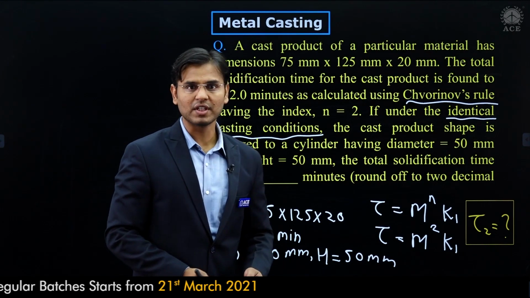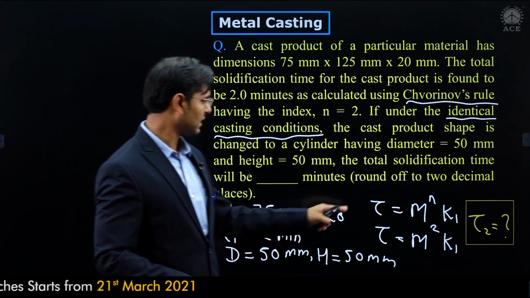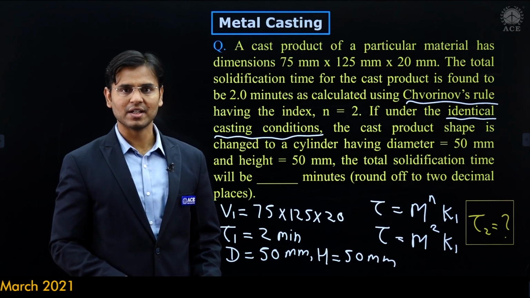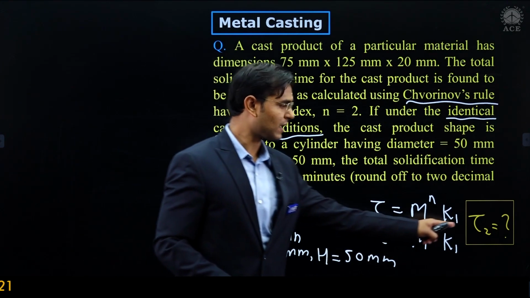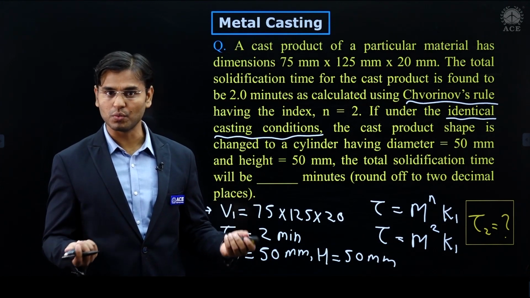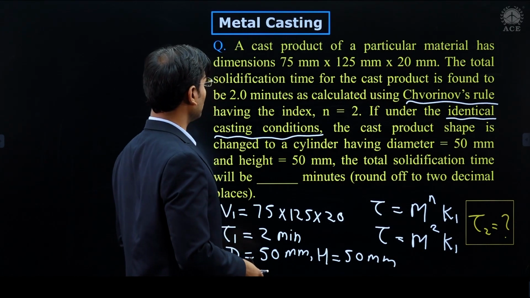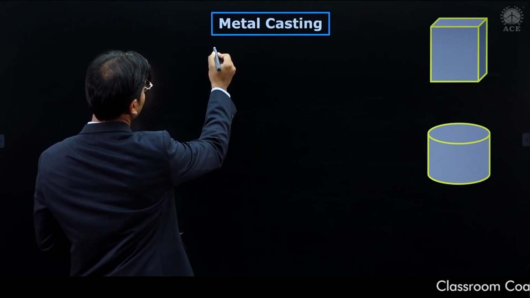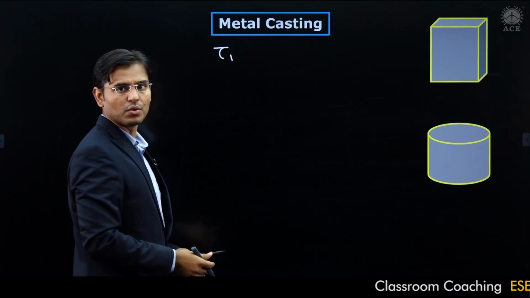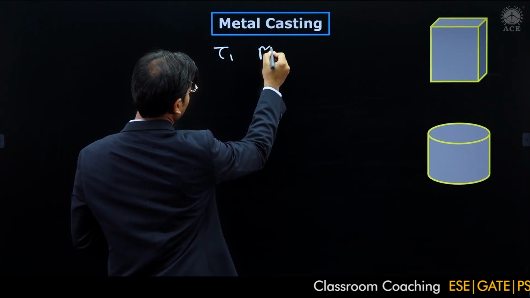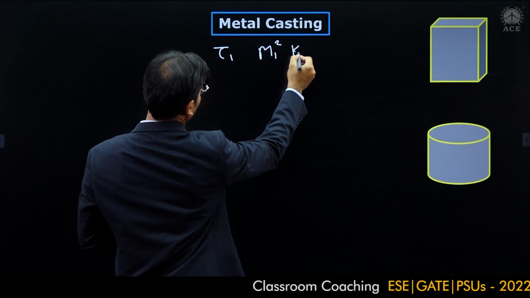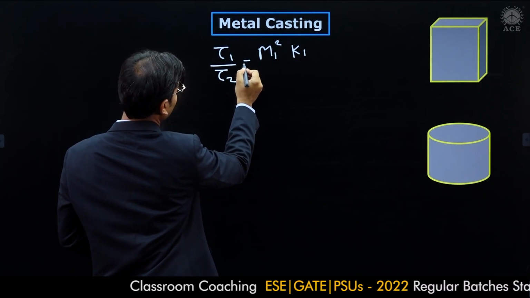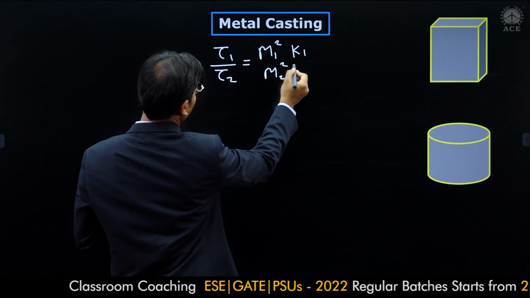Now see the process. The rule given is tau is equal to M square K1, Chvorinov's rule. We have to use this rule to calculate tau 2, the solidification time 2. I am using that rule for both products: tau 1 is equal to M1 square into K1, tau 2 is equal to M2 square into K1.